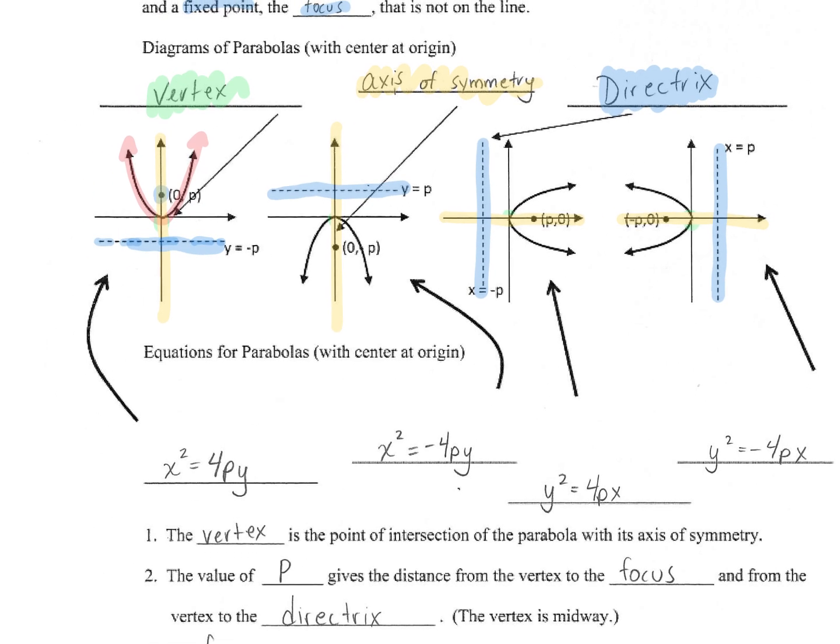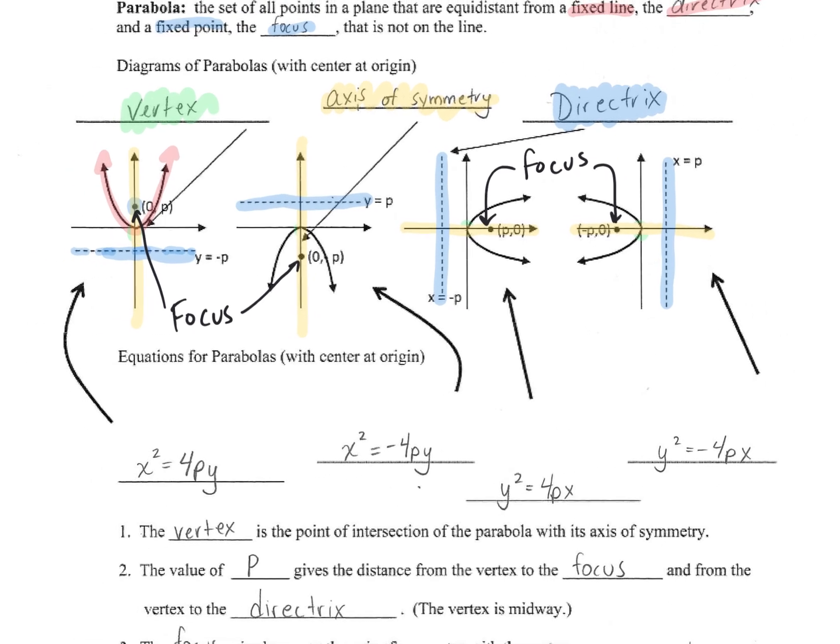And the one thing we haven't really seen is a focus, but that is the point labeled, I can't spell today, focus. There's one there, and there's one there. We can see that we have more focus points here and here.